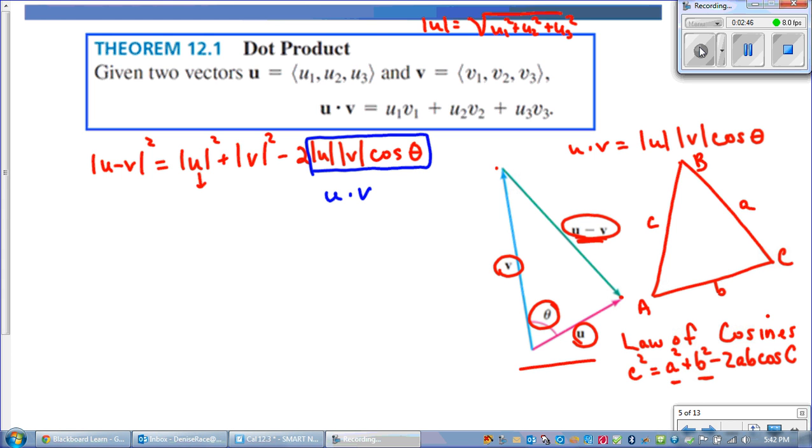So the magnitude of u squared will just be u1 squared plus u2 squared plus u3 squared. And the magnitude of v, which is the square root of v1 squared plus v2 squared plus v3 squared, the magnitude of v squared will be v1 squared plus v2 squared plus v3 squared.